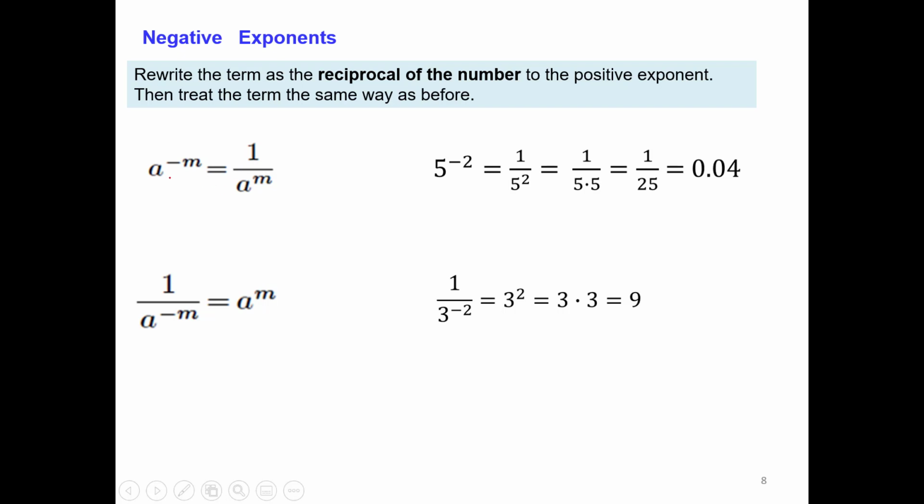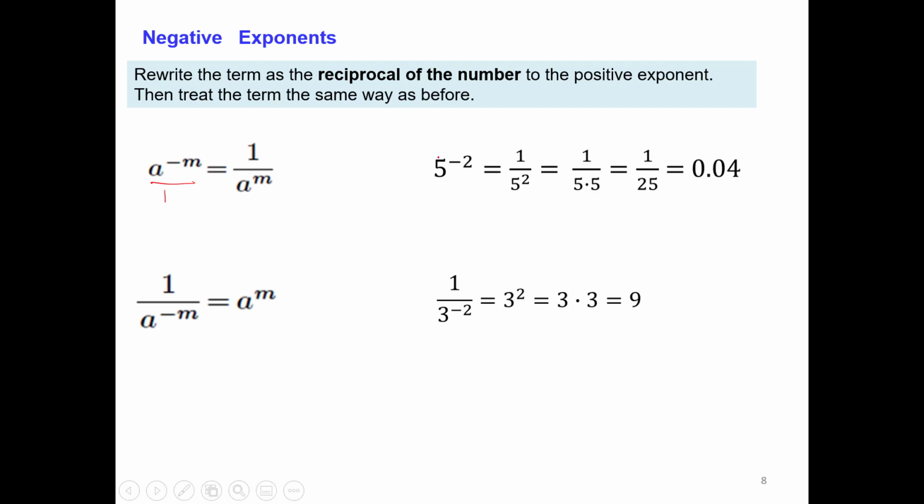For example, if we had a to the minus n power, then just write the reciprocal, or flip the number.